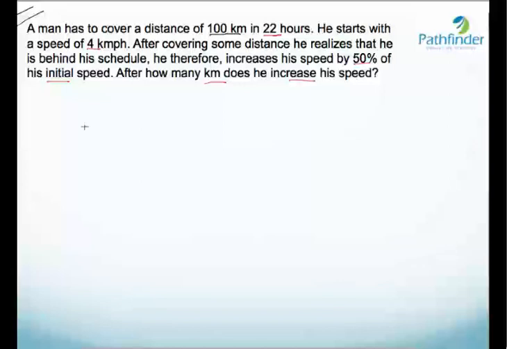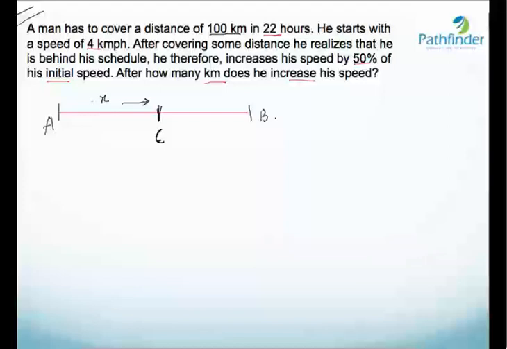Again, let us draw a simple schematic representation of this situation. So we have this man starting from A and he has to reach B, which is 100 kilometers away. And let us assume that he changes his speed at point C, and we don't know after how many kilometers he changes his speed.